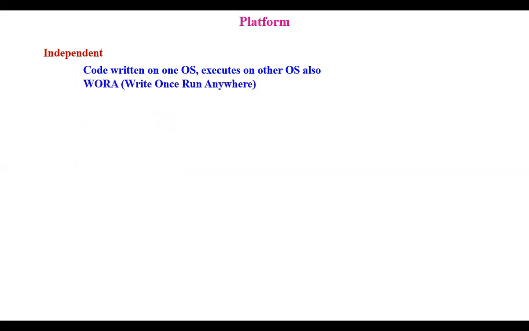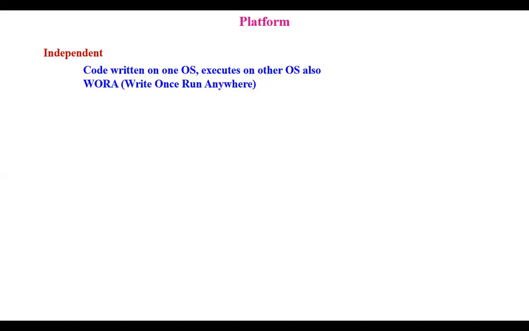Next, let us see independent. What does independent mean? The code written on one operating system executes on other operating systems also. Suppose you have written a code for the Windows operating system. The program which is running on Windows can be run on Mac also. So these programs are called independent.